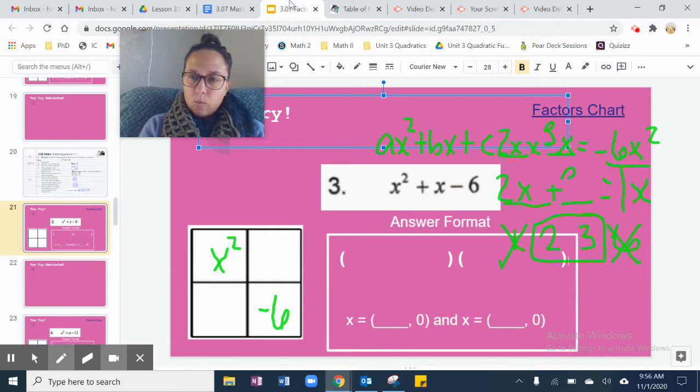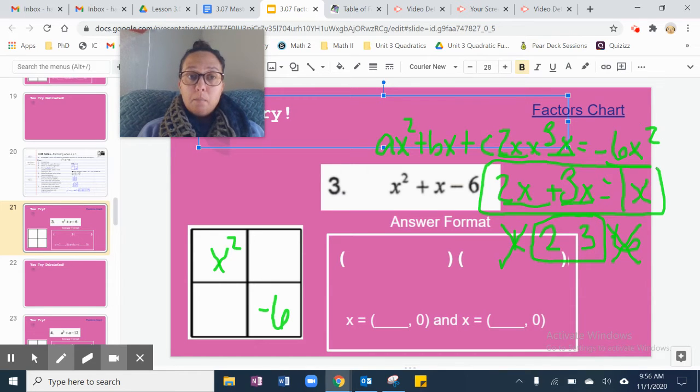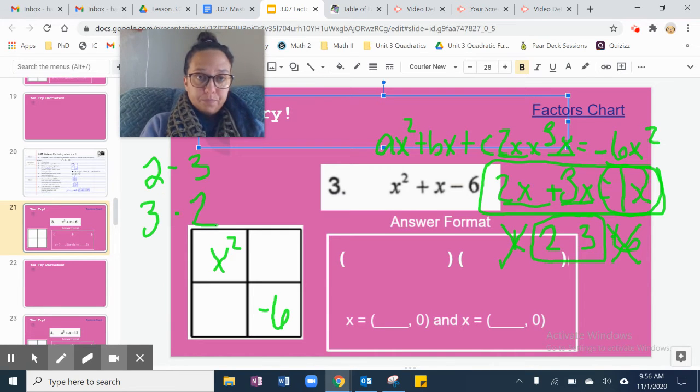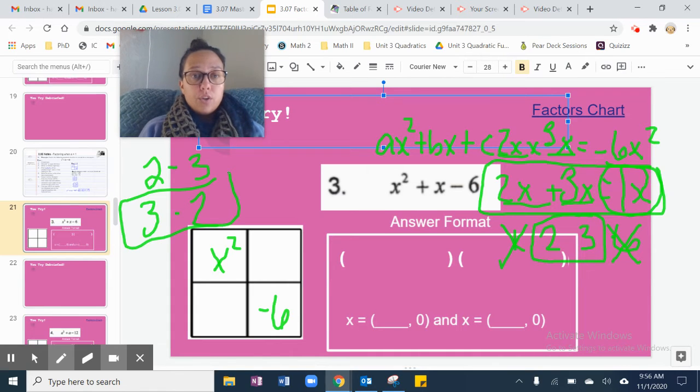2x and 3x, but which one needs to be positive and which one needs to be negative? Well, we want to look at the sum equation because the end result is positive 1x. So do we want it to be 2 minus 3 or 3 minus 2? Hopefully you chose 3 minus 2 because we'll end up with a positive 1.